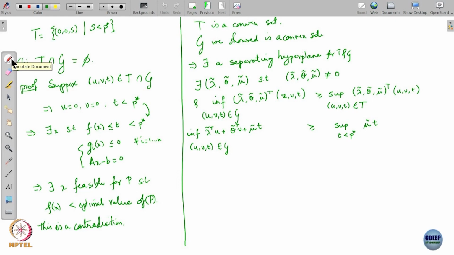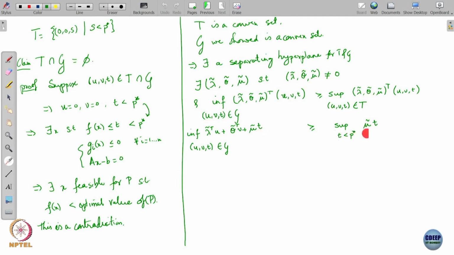If lambda tilde or mu tilde were negative, and you can drive u and T all the way to plus infinity, that would mean that the infimum here would actually be minus infinity.